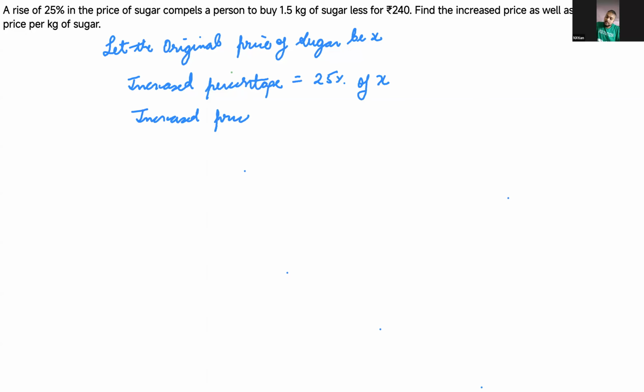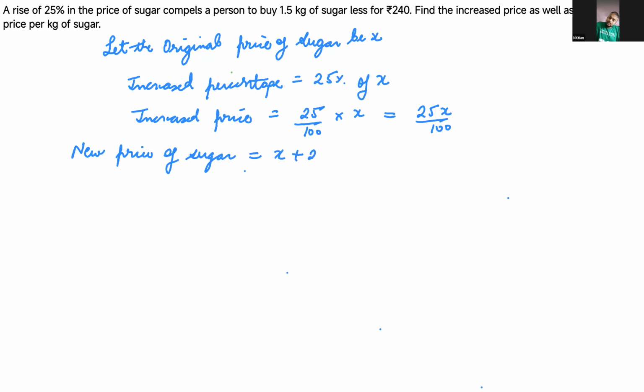The increase is 25% upon 100 of x, so 25x by 100 is the increased price. Now, the new price of sugar is x plus 25x upon 100.